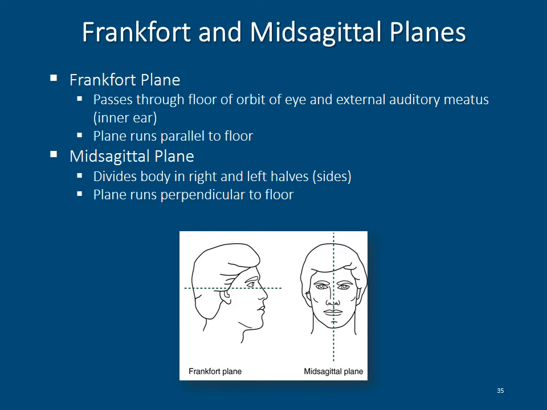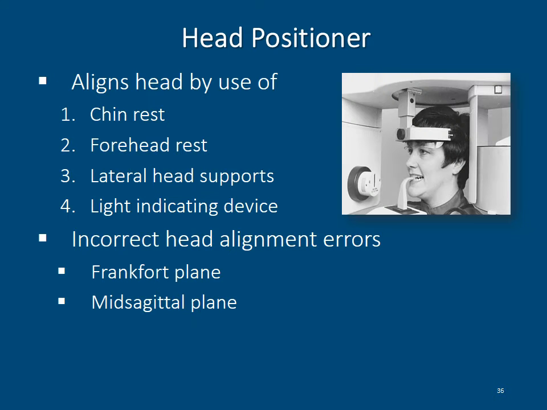Earlier in this lecture, I mentioned the use of Frankfurt and mid-sagittal planes to align the patient's head into the bite block and into the machine. So we're going to go into the details of why keeping these planes in their alignment to the floor is so important. The head positioner is a device that will secure the patient's head to maintain the Frankfurt and mid-sagittal plane.